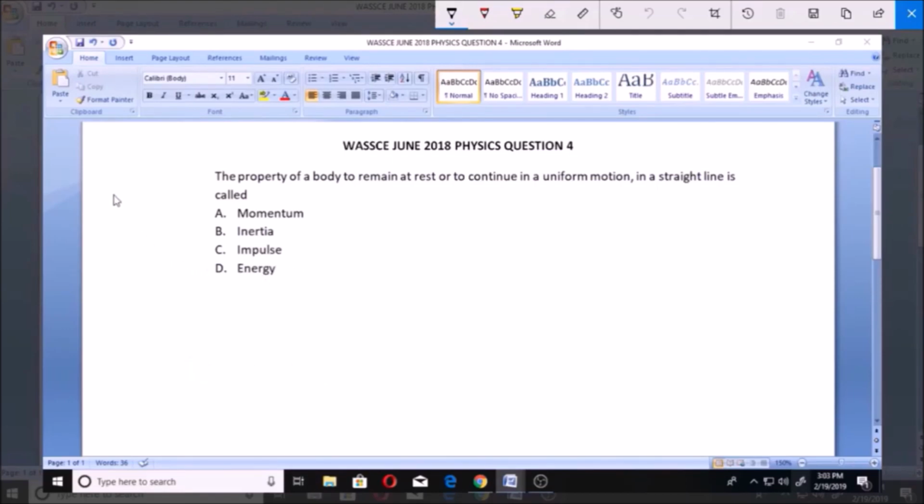So what is that property of a body that makes it want to remain in a state of rest if it is resting, or to continue in a uniform motion in a straight line when it's moving?